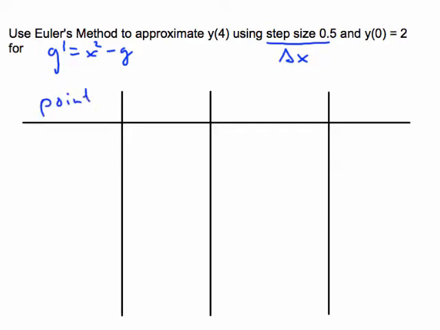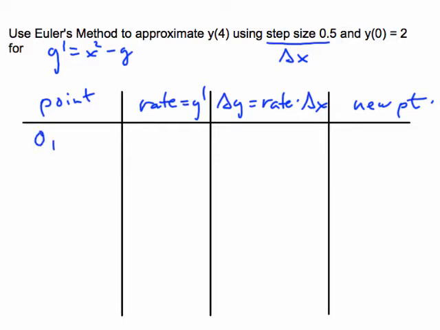So we have our point, our rate, our change in y, and our new point. We're starting with (0, 2). Plugging that in, we get our rate of negative 2.